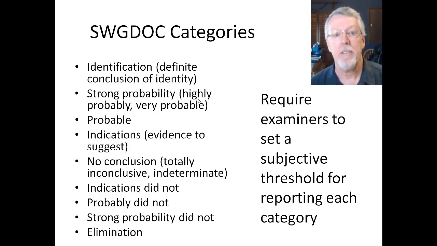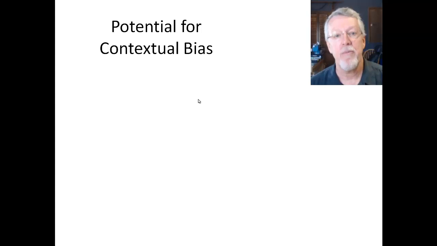So there's a lot of subjectivity here that raises questions. Psychologists, for example, have commented that when experts make judgments based upon subjective evaluations and subjective criterion, there often is a potential for contextual bias. That is, for the experts to be influenced improperly by other information about the case, by the context.